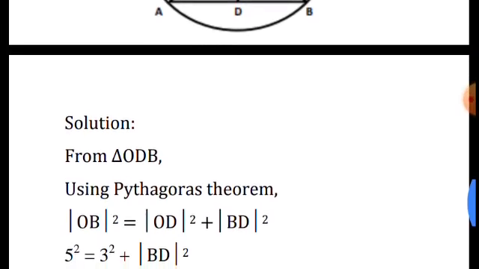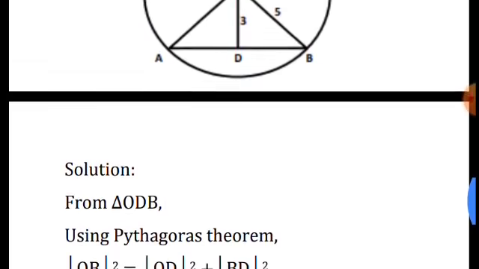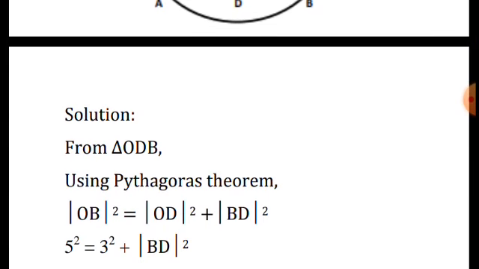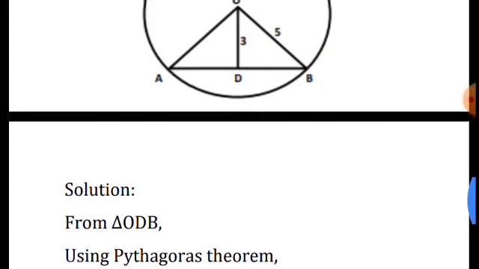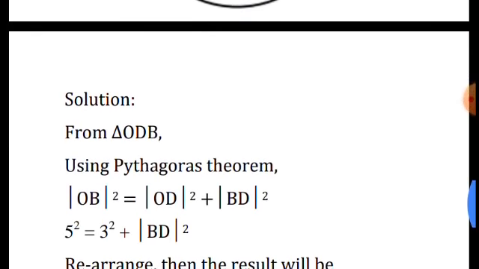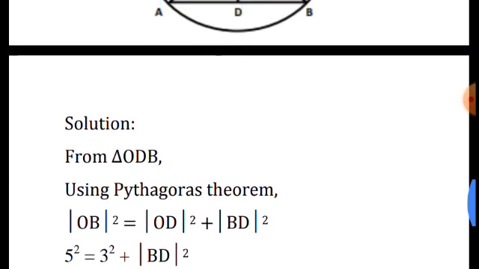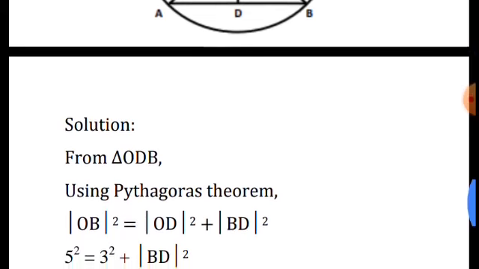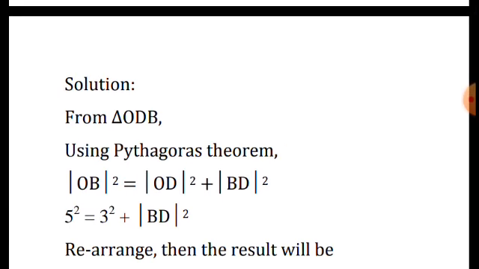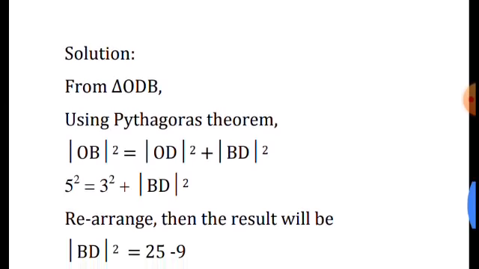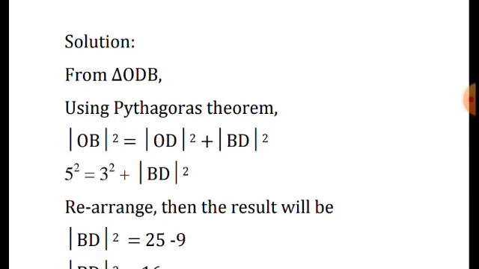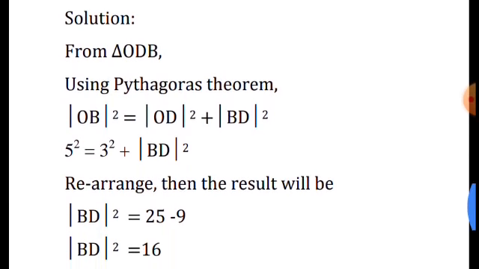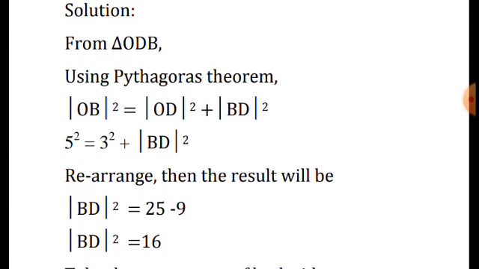So OB is 5, that becomes 5 square is equal to OD, our OD is 3, we square it, that becomes 3 square, plus BD square. Now when you rearrange, the result will become BD square, which is equal to 5 square minus 3 square, which is 25 minus 9. And BD square will give us 16.